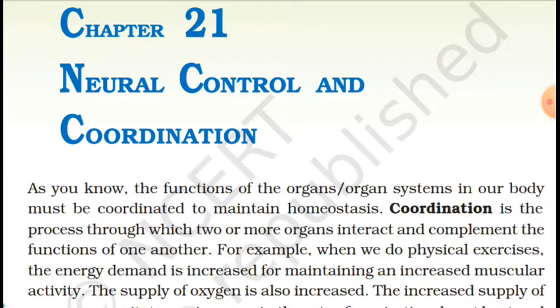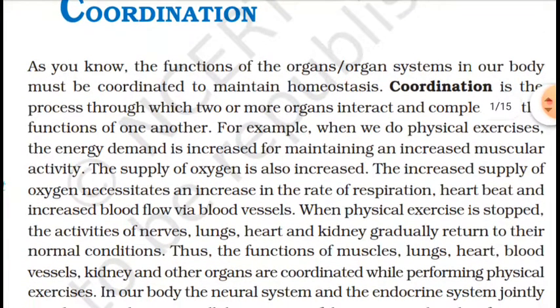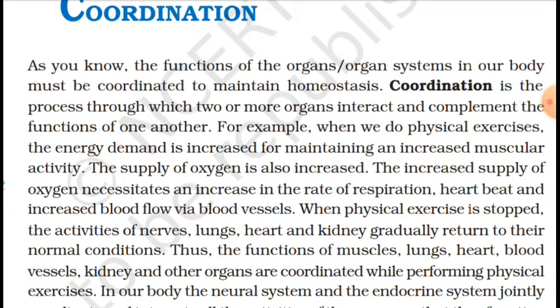If we take the example of the neural system and the endocrine system of the body, both coordinate with each other. For a particular activity, a message is passed from our neural system to an organ and from the organ to the nervous system again.